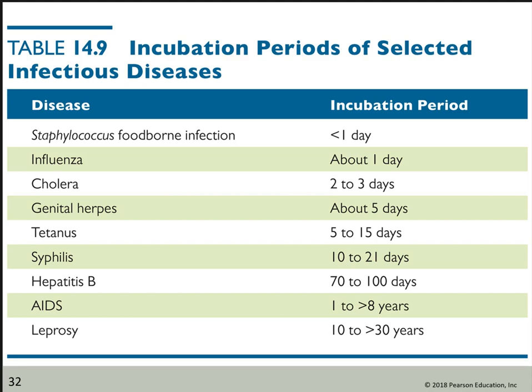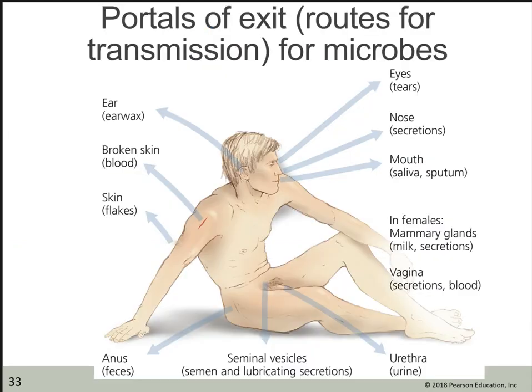Now we've talked about different ways that microbes can get into a host. All those same ways are ways for microbes to exit the host. Basically, any portal for humans can be a portal of exit. There are the eyes. You can cry and transfer microbes through the tears. Secretions from the nose, you're all familiar with the common cold, and mucus secretions, and those can contain virus particles that can be spread from one host to another.